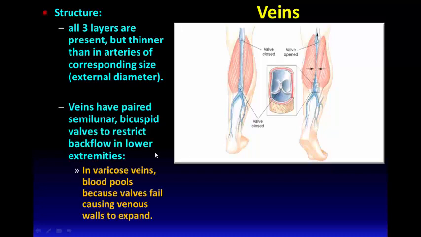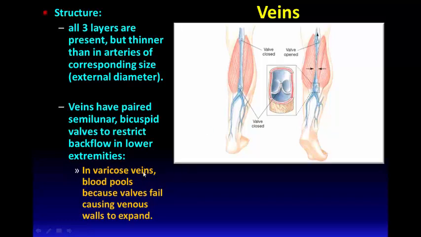Another additional very important difference between arteries and veins is that veins have paired semilunar bicuspid valves. These valves are important because they restrict backflow of the blood in the lower extremities.